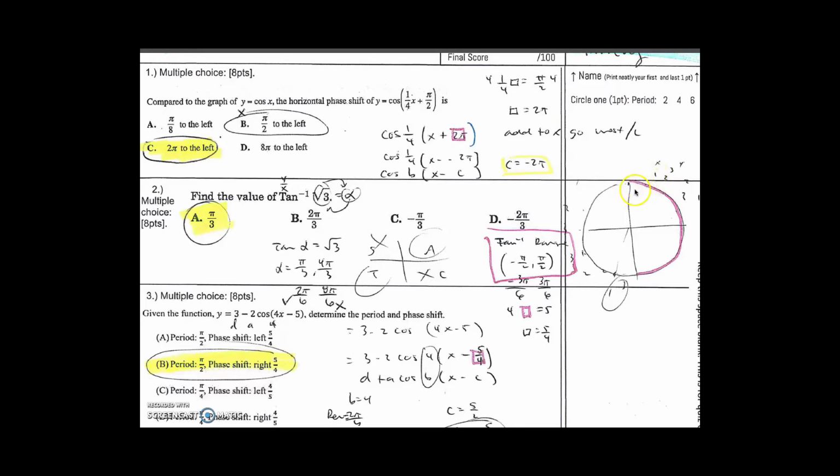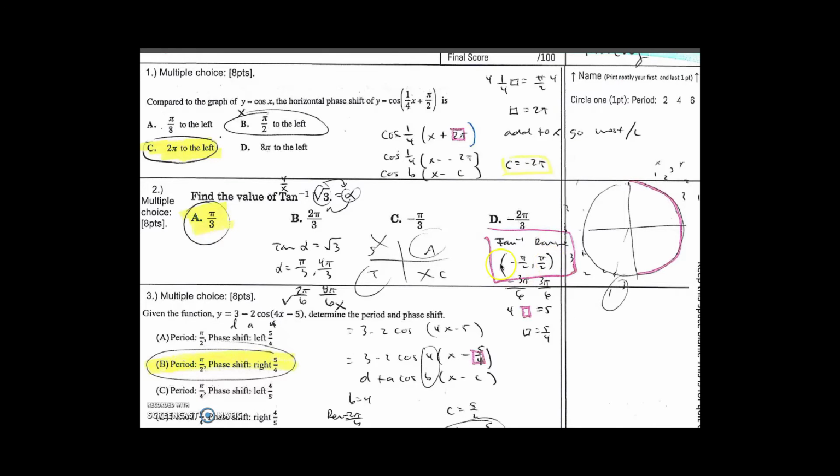And then down here, that'll give you 2, 3, 4, 5, 6, 7, 8 pi over 6, which is 4 pi over 3. Now if you notice these two values, pi over 3 and 4 pi over 3, you'll notice that this is not in the inverse of tangent's new range.